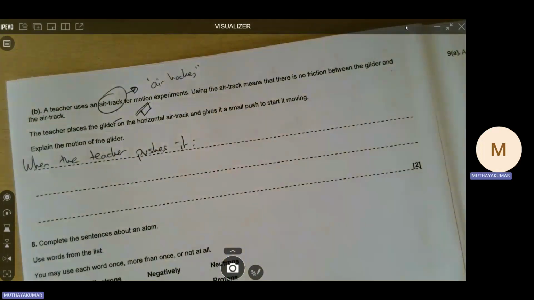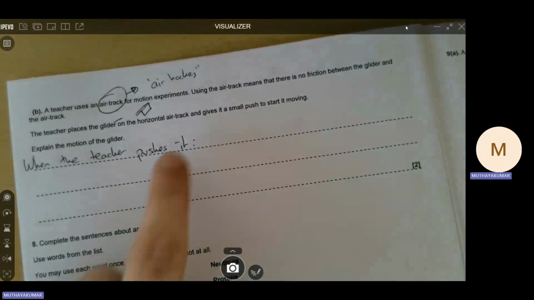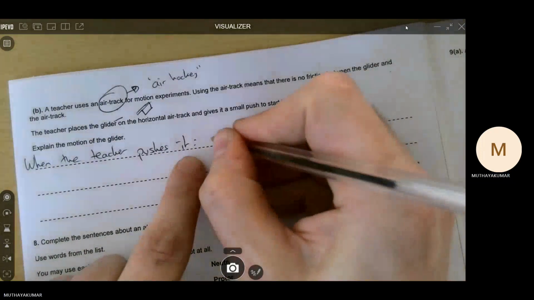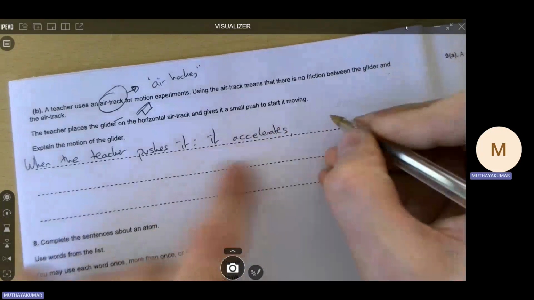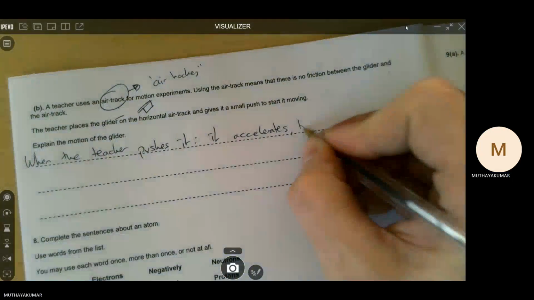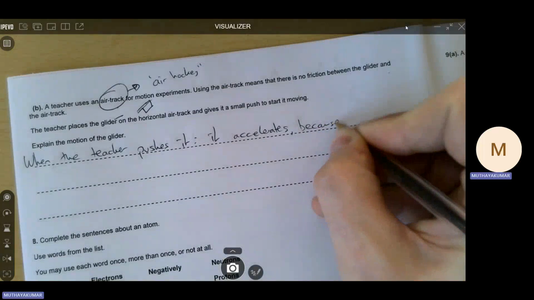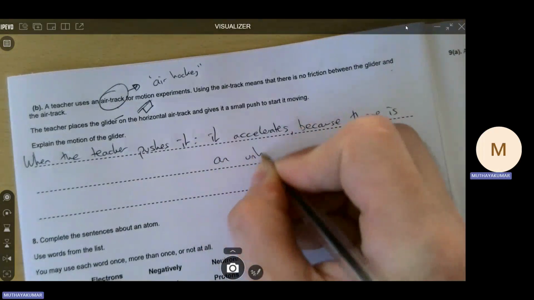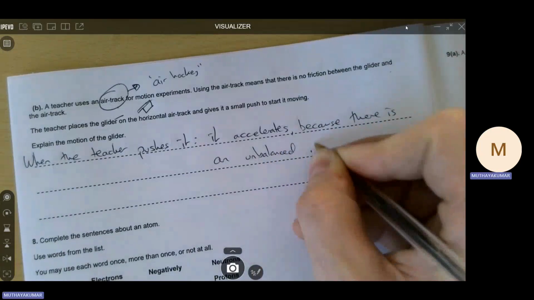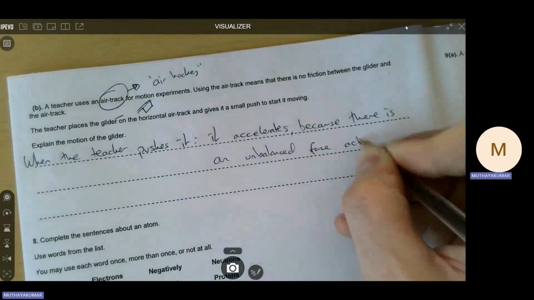You know it's stationary, you know the teacher pushes it, you know it's going to get faster, it's going to accelerate. So it accelerates because, and we've talked about this already, there is an unbalanced force acting on it.